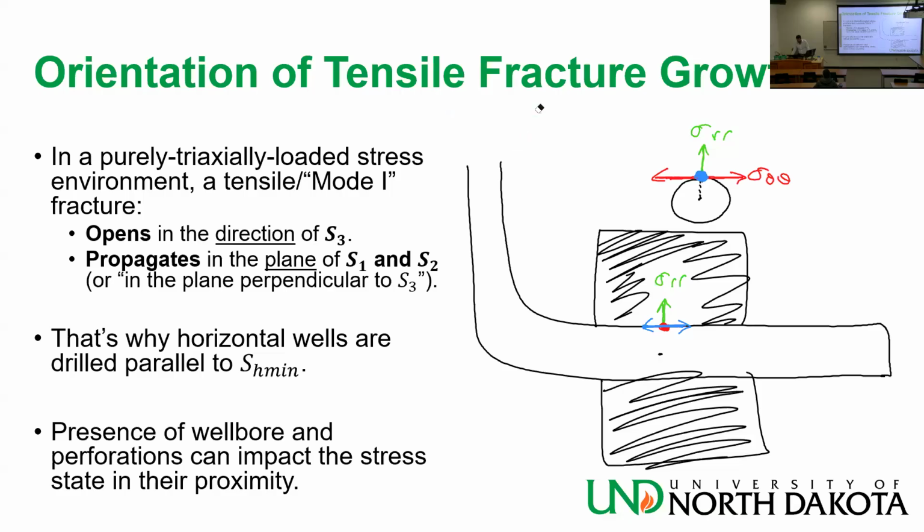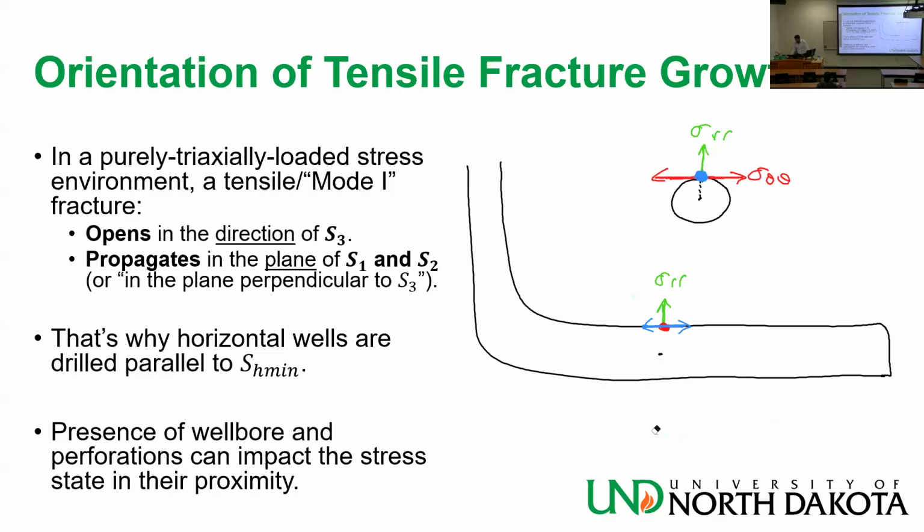Yeah, pancake. We can talk about the pancake, but I'm talking now from the top of the well. If sigma RR is sigma 3, I get something that basically peels off, like the debonding.